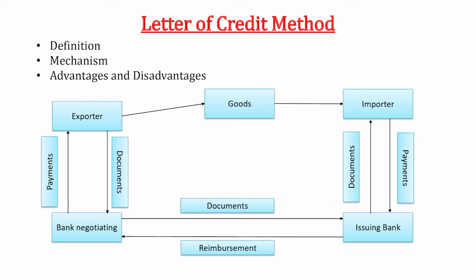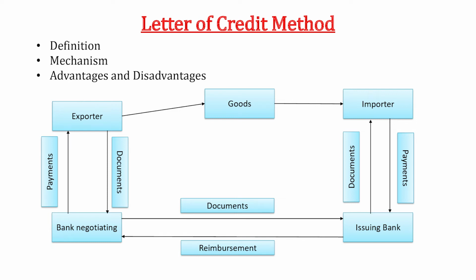This bank, which is an Indian bank, will send the documents to the issuing bank. Why? The ultimate liability of making payment under a letter of credit is of the issuing bank. And the issuing bank will again examine the documents to check that they are as per the requirement of the letter of credit. If yes, the issuing bank will give the documents to the importer and take payment.